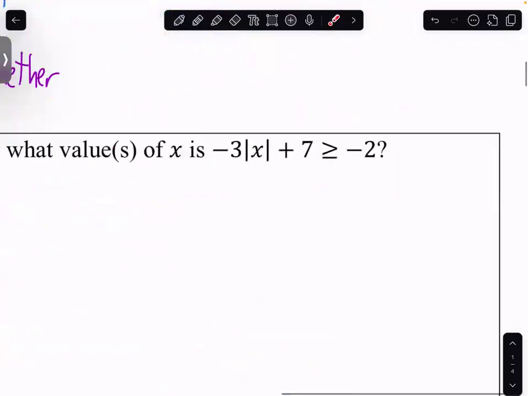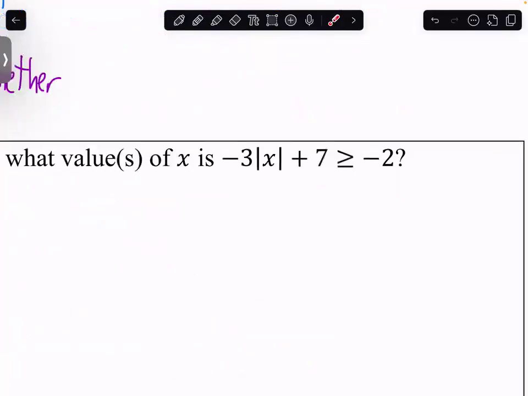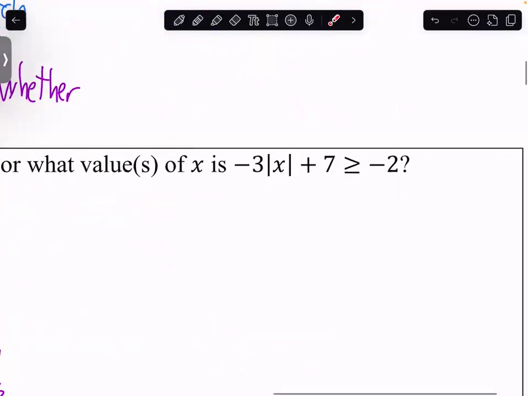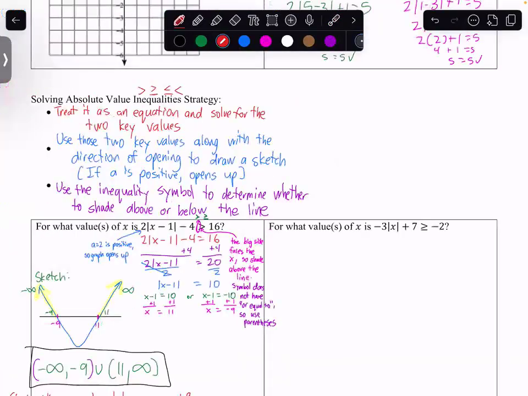So over here, for what value or values of x is -3 absolute value x plus 7 greater than or equal to -2. Okay, so we want to, again, first step, pretend it's an equation.